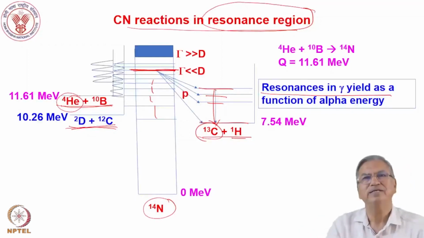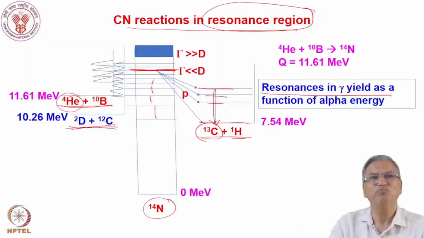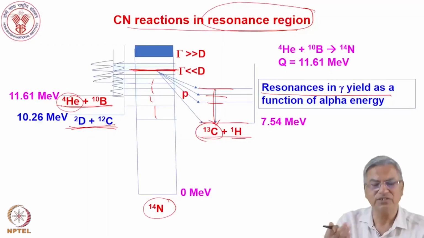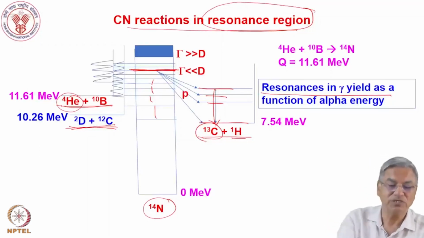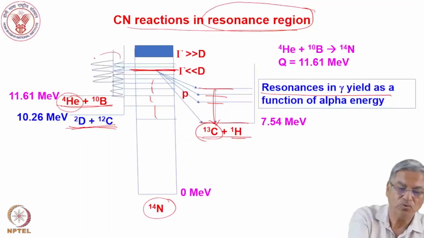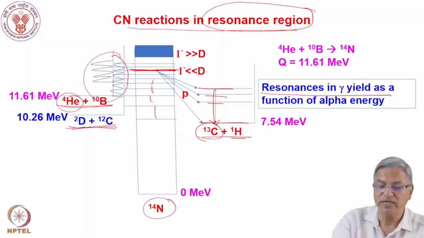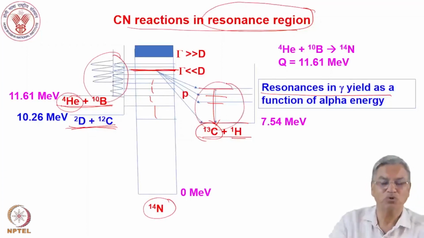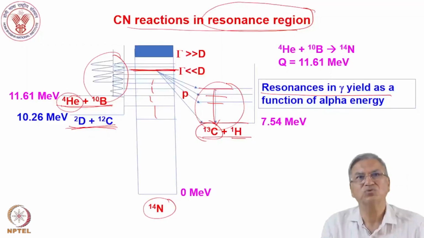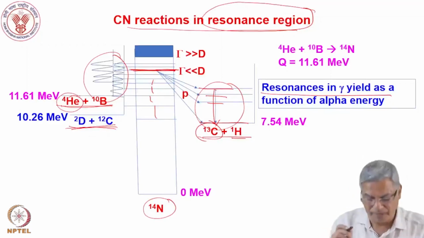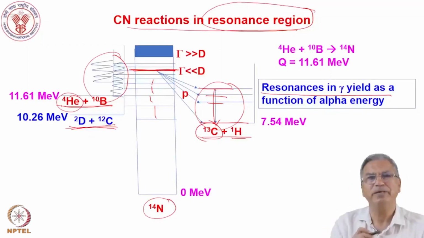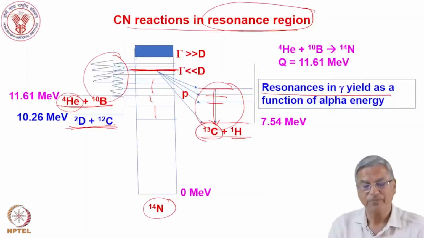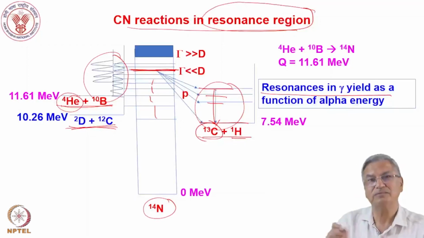So again, in the resonance region, where you populate a nucleus in a discrete state, there are resonances in the cross section of the compound nucleus, and the gamma spectrum also shows the resonance. So this is the kind of experiment that has been done to prove the independence of compound nucleus formation and decay, and subsequently I will show it even in the continuum region.